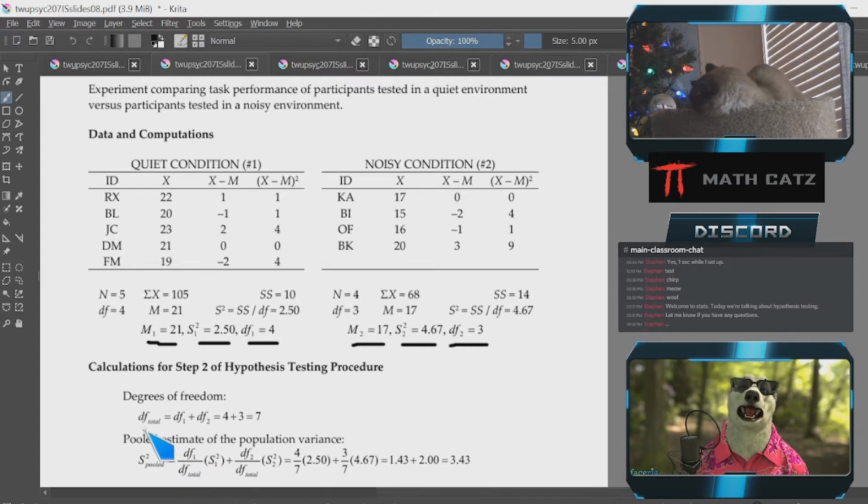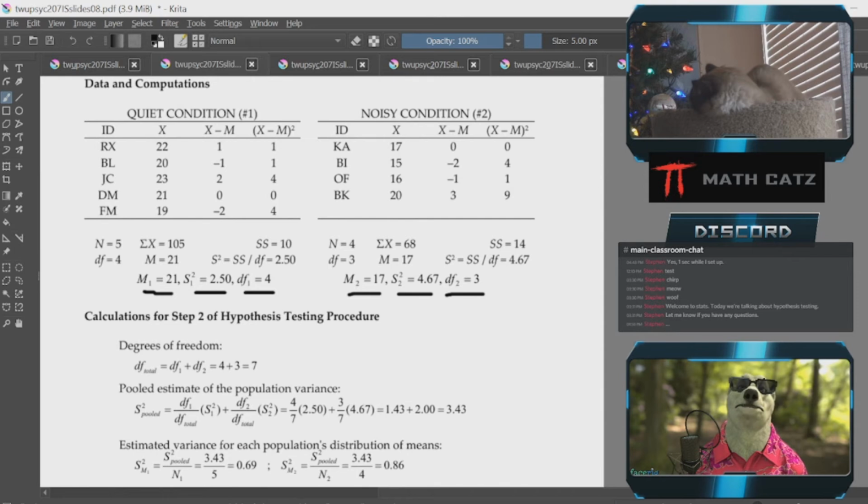The total degrees of freedom, adding up the degrees of freedom for each sample group, is 7. And then the weighted average by way of degrees of freedom: the first variance gets a weight of 4/7, and the second variance gets a weight of 3/7, contributing a little less because there were fewer people. So that'll be our pooled variance, which is our estimate for the population variance.